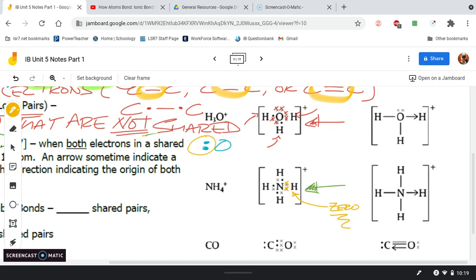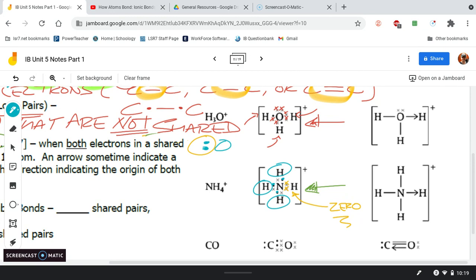It needs a little bit of help, and so it doesn't provide anything. The nitrogen did all of the work there. It's like, okay, I've got 2. I'll share with you. If you look here, see, this hydrogen provided 1, and this hydrogen did, and this hydrogen did. So these guys all provided an electron. It's just this one didn't.